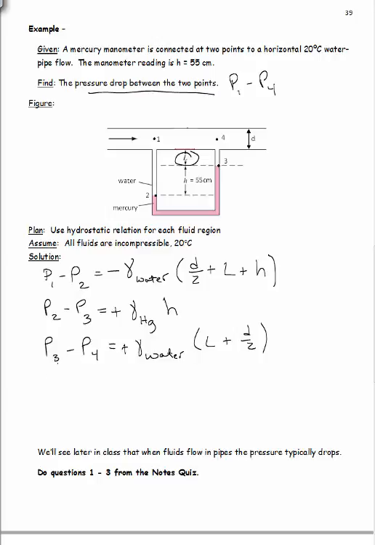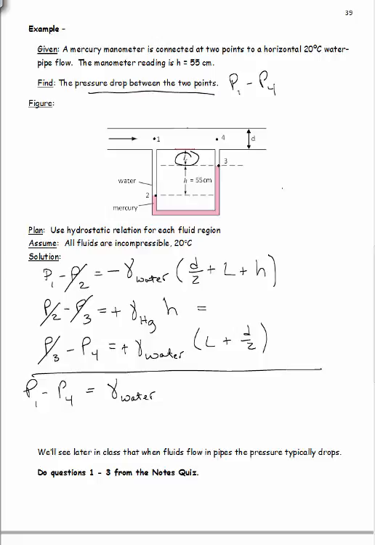All right, add these together. All the intermediate pressures cancel. P1 minus P4 is what we're looking for. And what we're going to get is water, or let's put this in terms of gamma water here. We have that in every term because a lot of times what we'll do is use specific gravity. So I happen to remember that specific gravity of mercury equals 13.6, which means that gamma for the mercury is 13.6 times gamma of water.